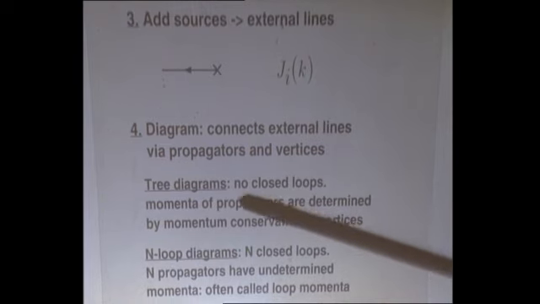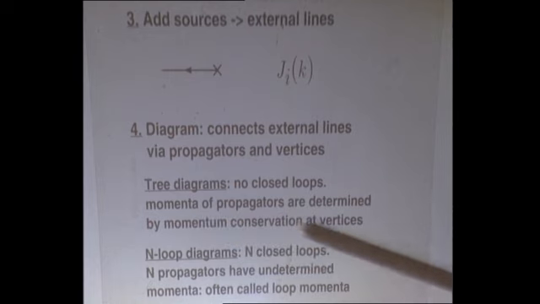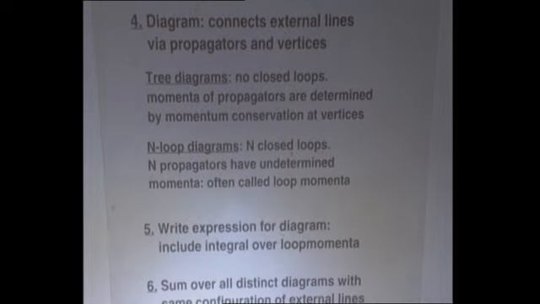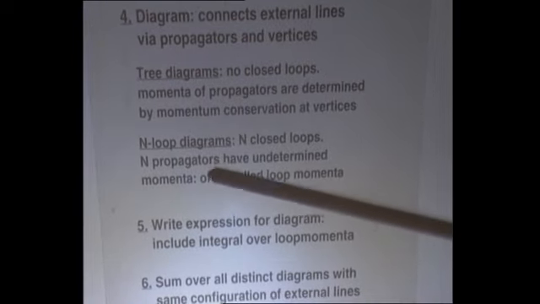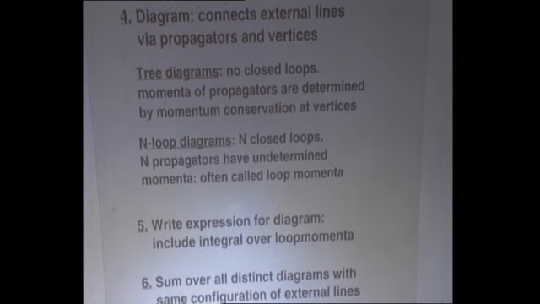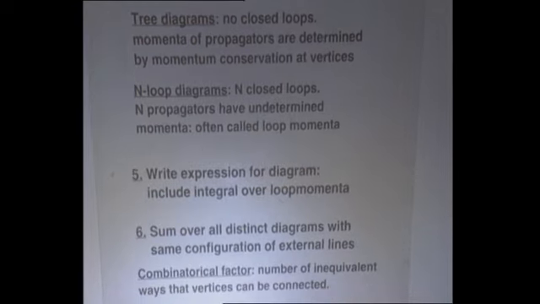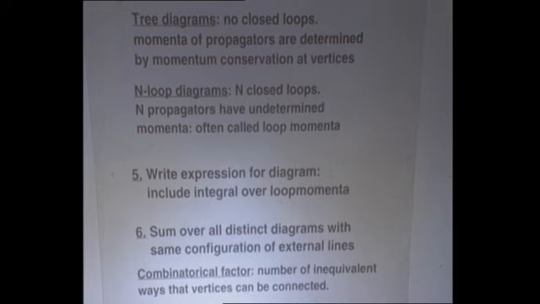Then there are tree diagrams which have no closed loops and where the momenta of each propagator is uniquely determined by the momentum conservation at each of the vertices. So those are the easiest processes. Then there are loop diagrams where there are closed loops inside the diagram, where there are certain momenta which are undetermined, and those momenta have to be integrated over, and they're often called loop momentum integrations.